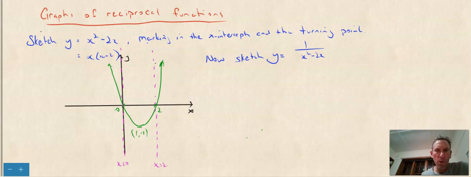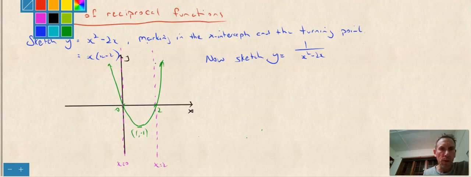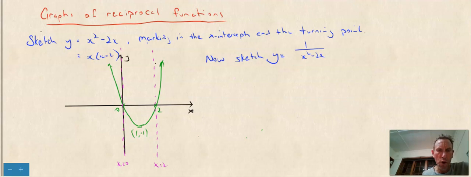So let's go to the middle zone, because this is all important. I've got my turning point here. I know what my turning point coordinates are. So remember my green is x squared minus 2x. So I'm now graphing 1 over this. So what's the reciprocal value for negative 1? What's the reciprocal of negative 1? Well, that's just negative 1 itself.